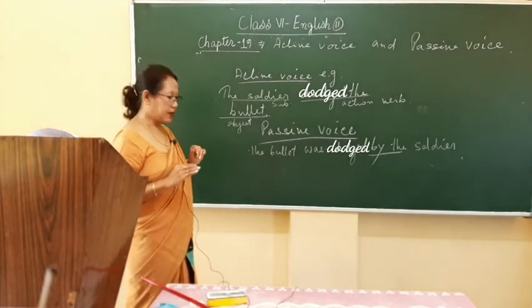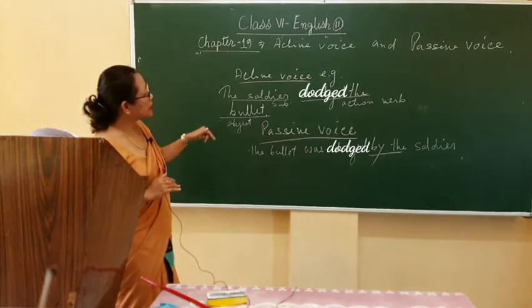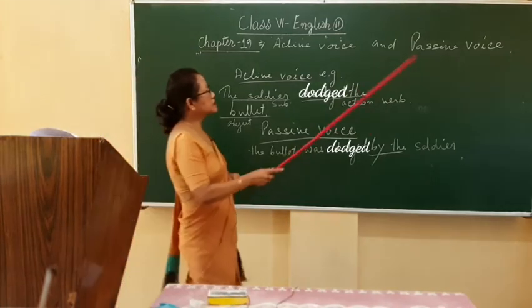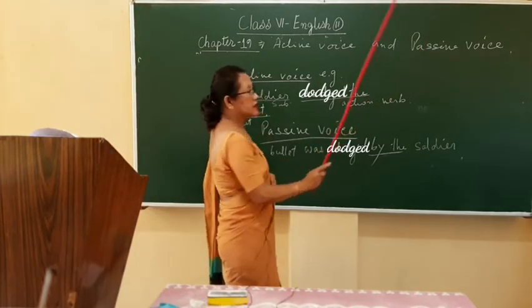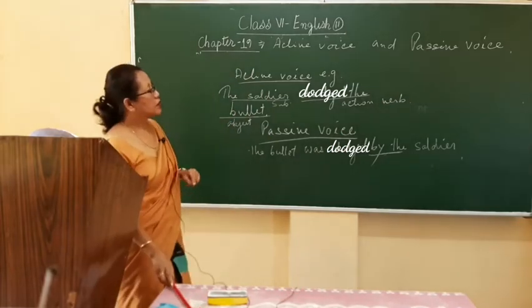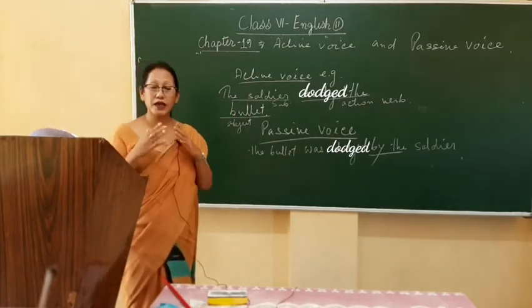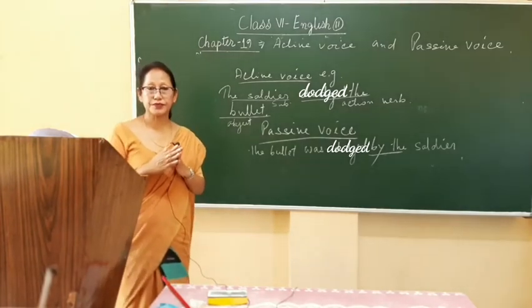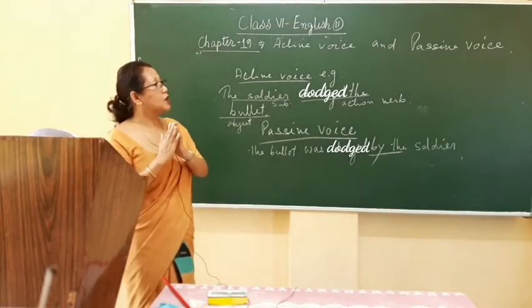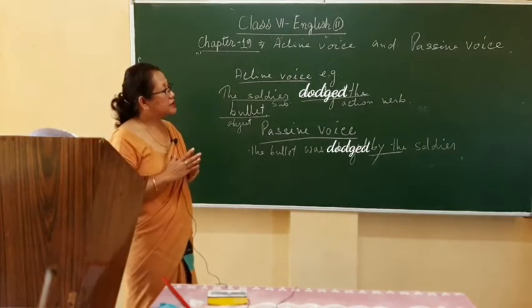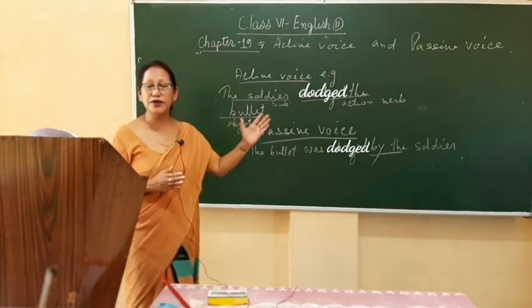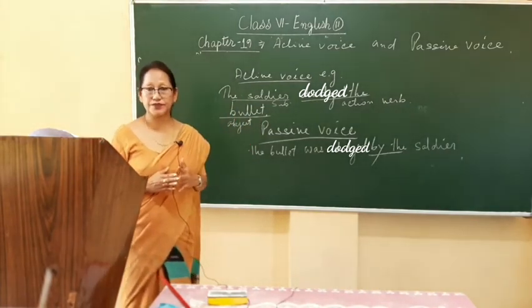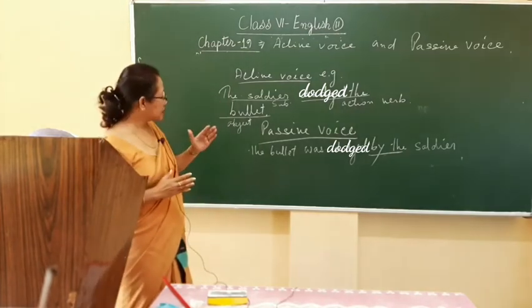Got it? I hope it is clear. And next, passive voice. Here we mainly give importance only to the object, that is the receiver of the action. Okay, receiver of the action.